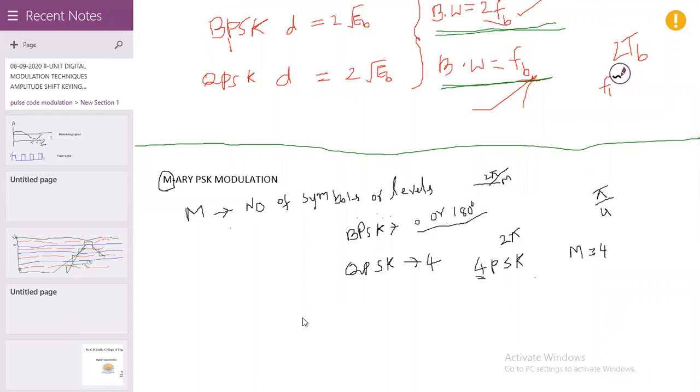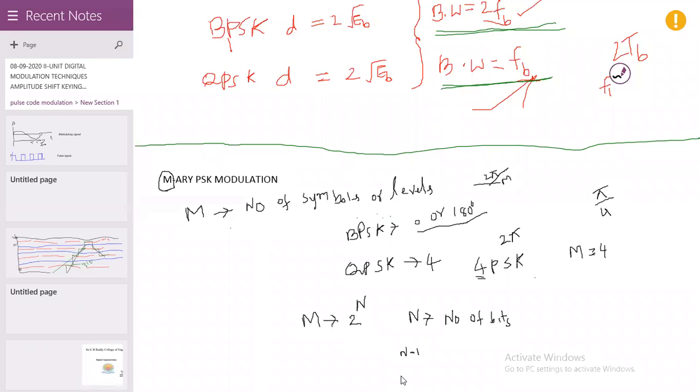In M-ary PSK, M indicates the number of symbols, and M equals 2 to the power of n, where n is the number of bits. If n is equal to 1, M has only 2 levels and 2 symbols, either 0 or 1.